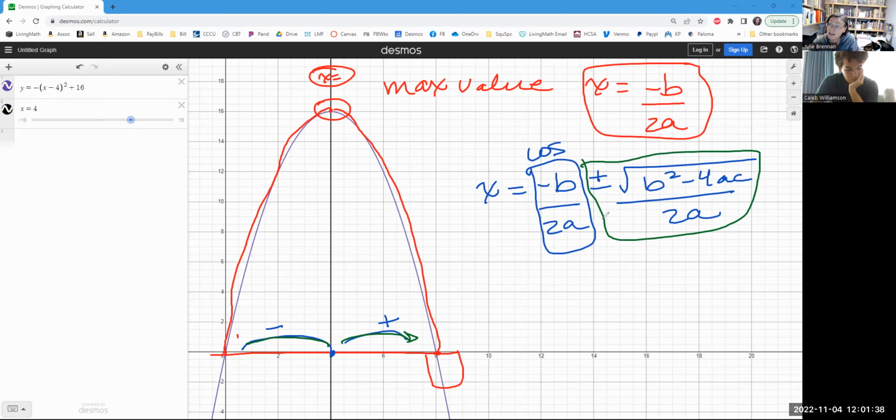Okay. So actually, there's this really weird relationship in the quadratic formula. I'm going to write it over here. If I take what's under that root, my b squared minus 4ac, if I make that negative, and if I double the denominator, I'm actually going to get the y coordinate.